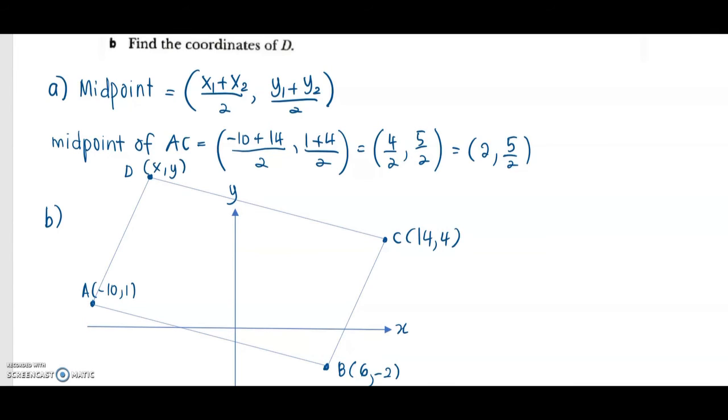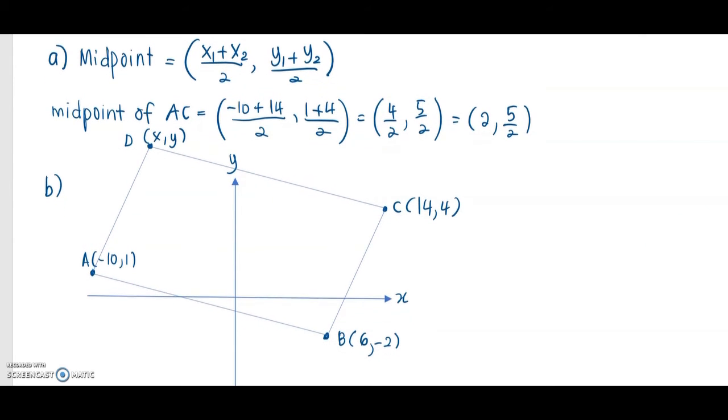I'll label D as (x, y) because we would like to find the coordinates of D. Since ABCD is a parallelogram, AB would be parallel to line CD, and line BC would be parallel to line AD.